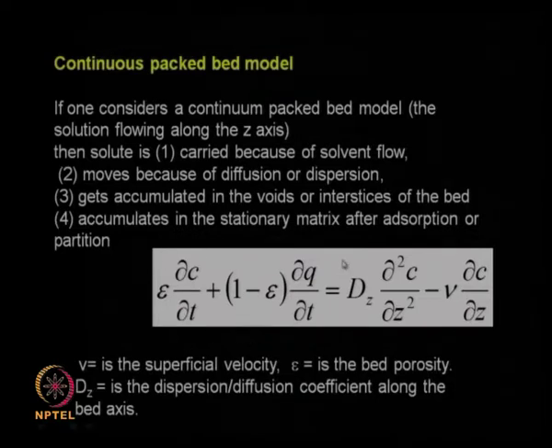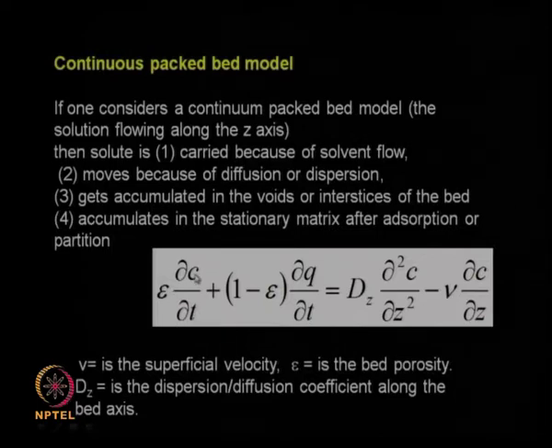On the left hand side you have two accumulation terms. One term corresponds to the accumulation in the void space, that is in the continuous phase, another term is because of the accumulation in the solid phase, okay. So you have two terms.